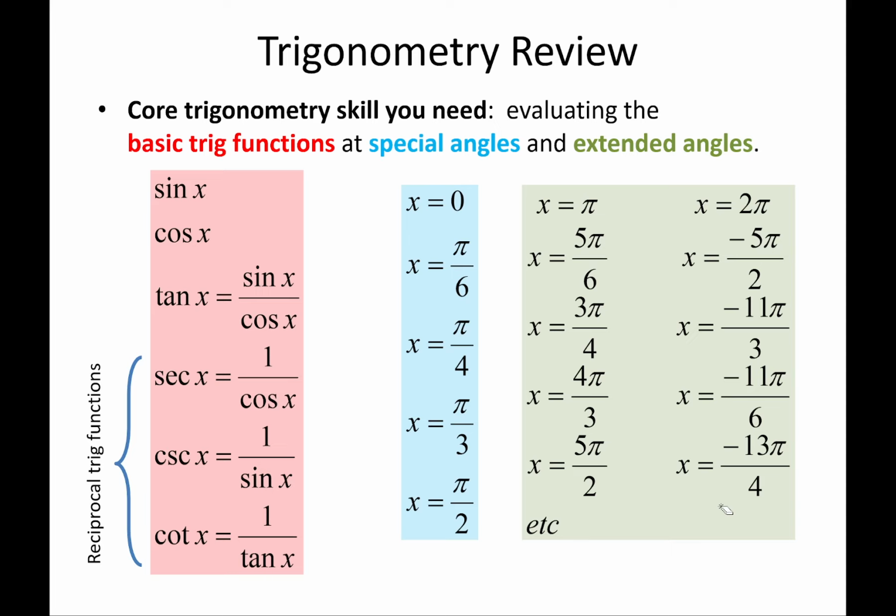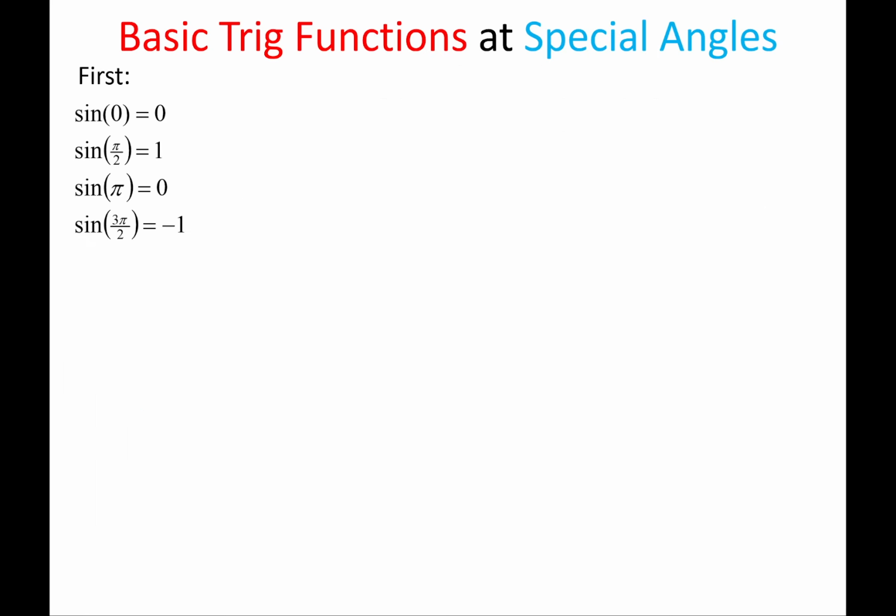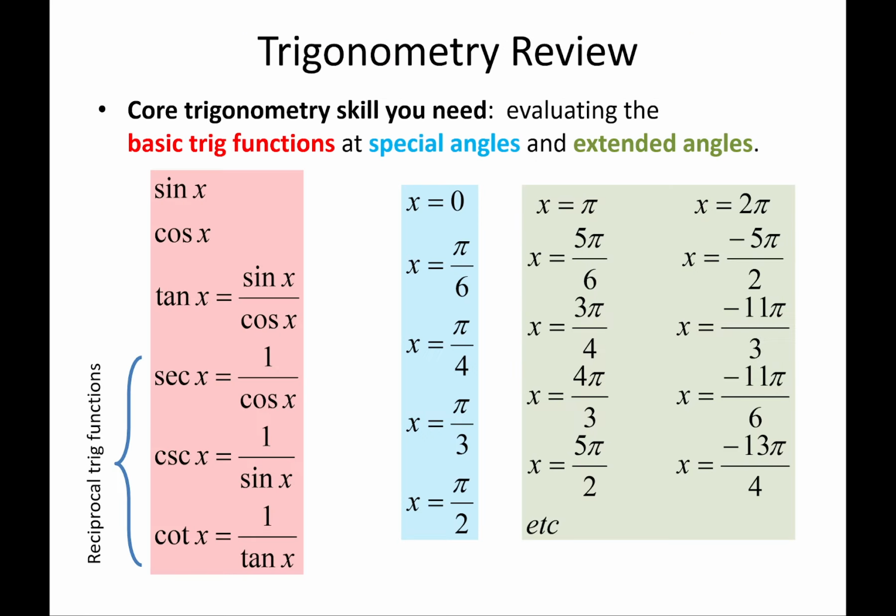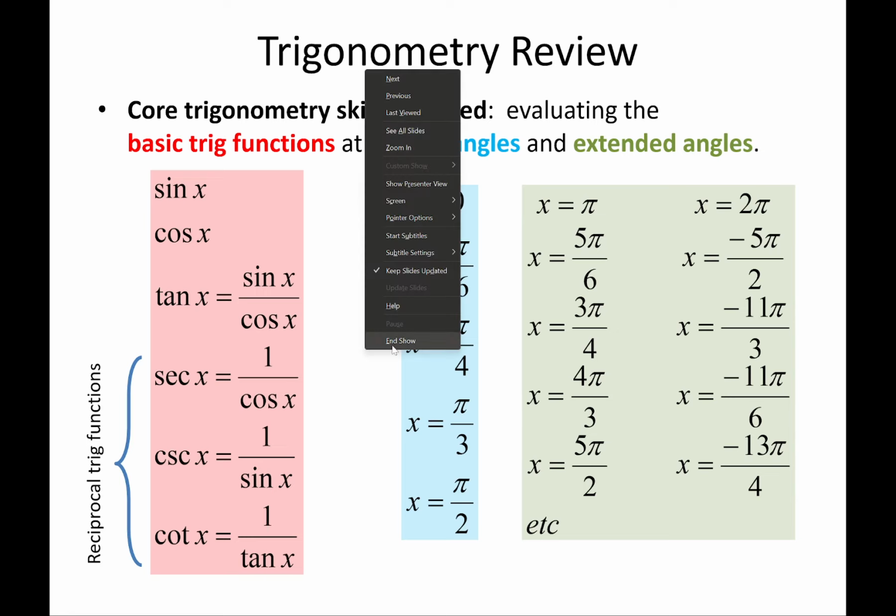All of our extended angles are going to be increments of 30 degrees, or pi over 6, increments of 45 degrees, or pi over 4, or increments of pi over 3, 60 degrees. And I'll continue this component in the next video.